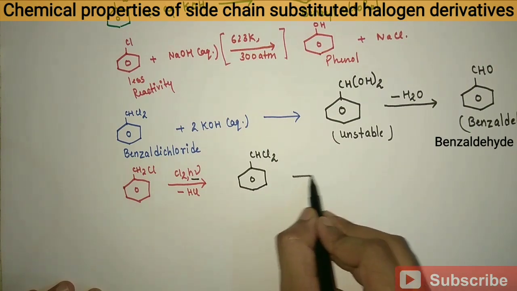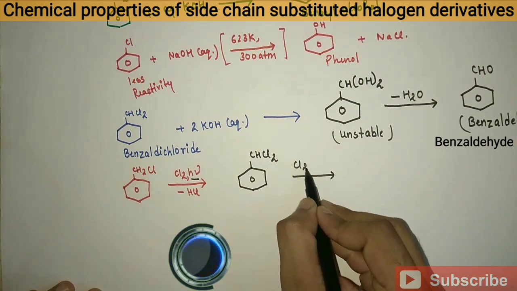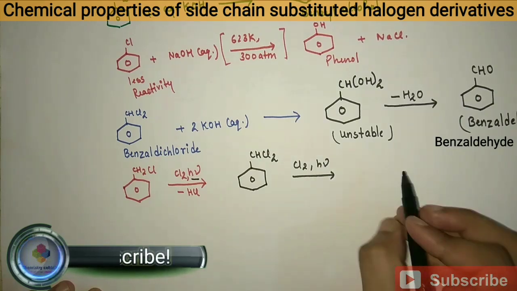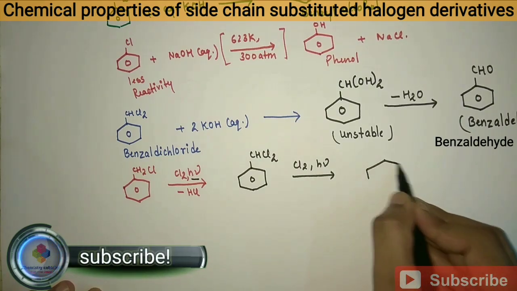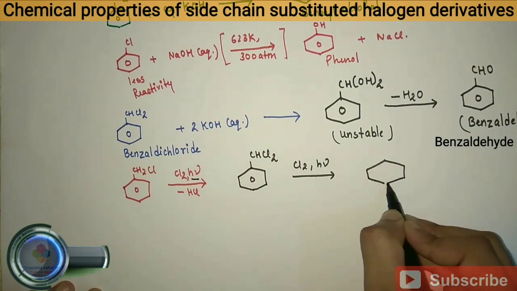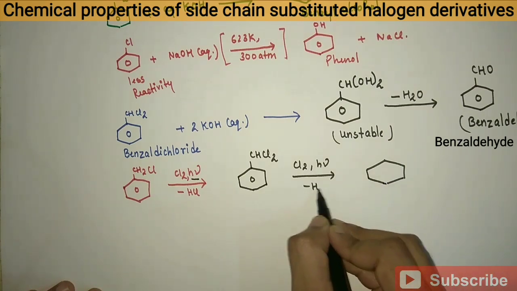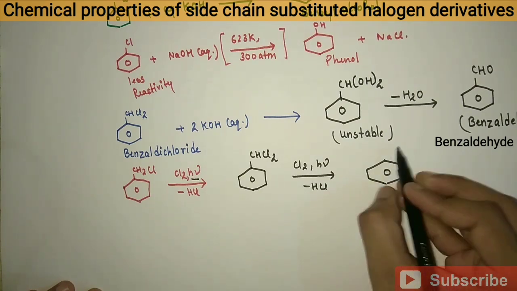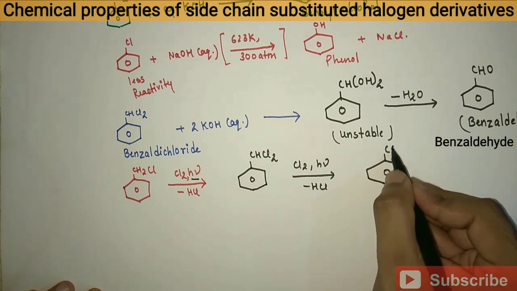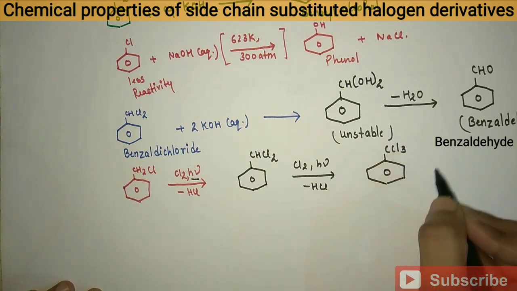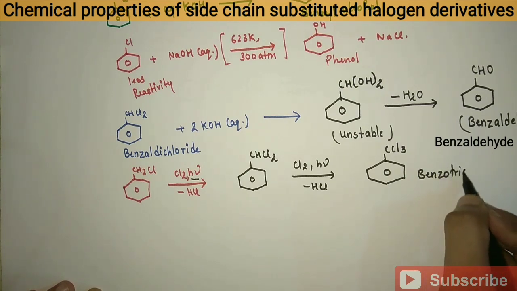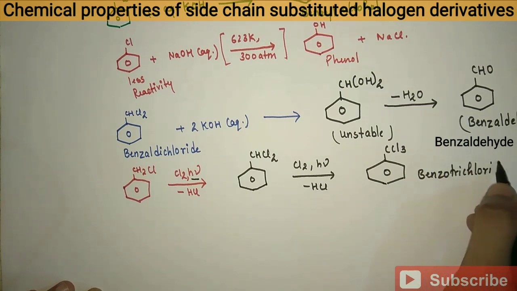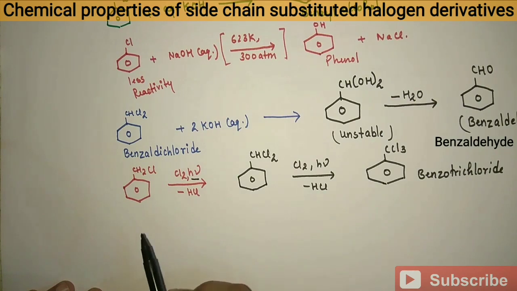And if we further pass the chlorine gas in the presence of sunlight, minus HCl, it will further react to form the benzotrichloride. Okay, this is benzotrichloride. So this is the halogenation of side chain.